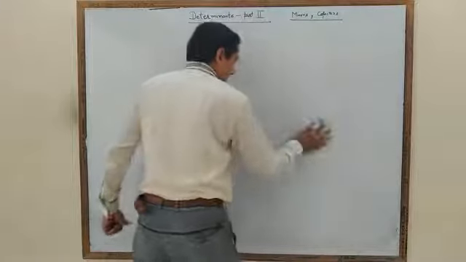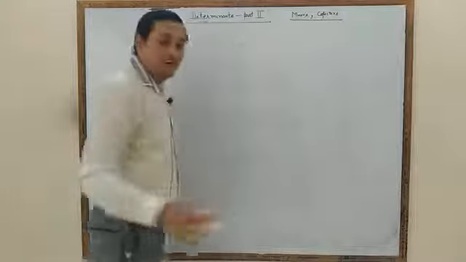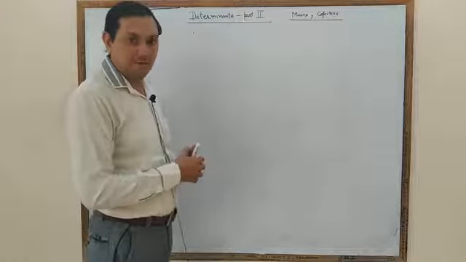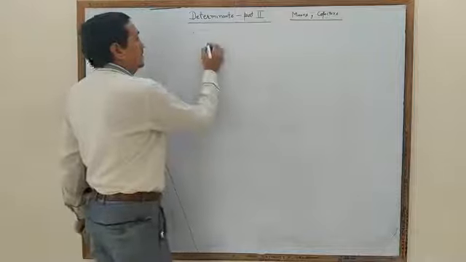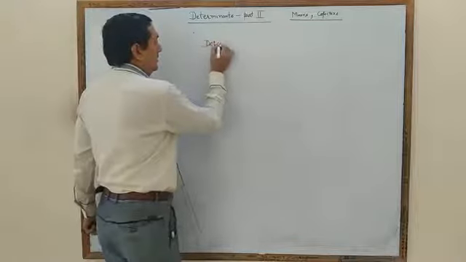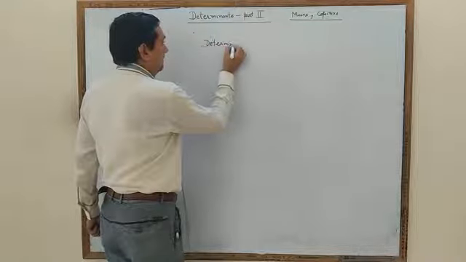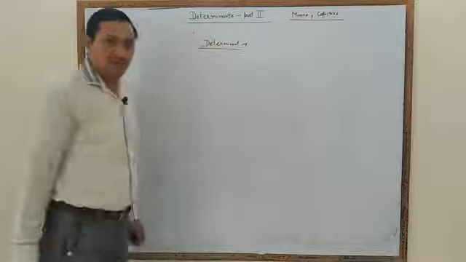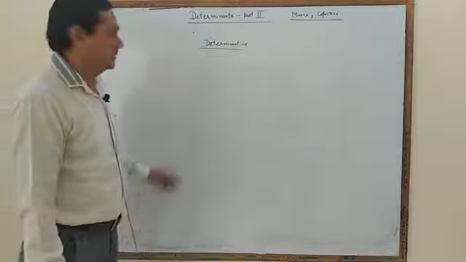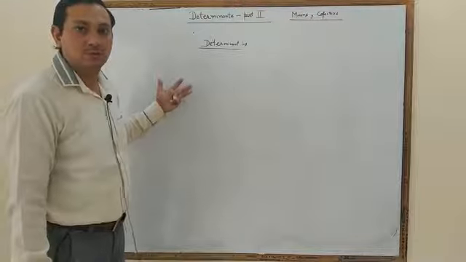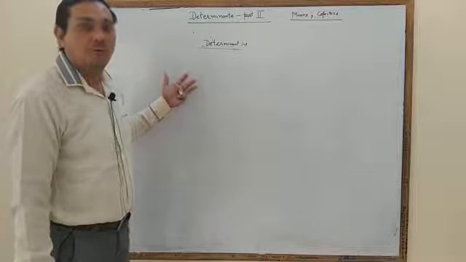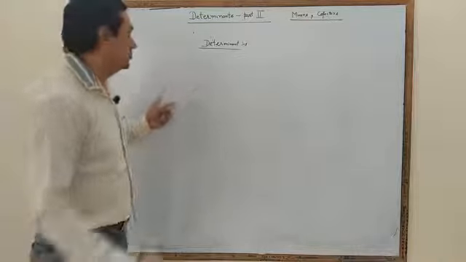Now we shall read the determinant in terms of cofactors, which will be a general method to calculate a determinant. We shall apply this definition or this method to the determinant of order 2 by 2 and 3 by 3 also.